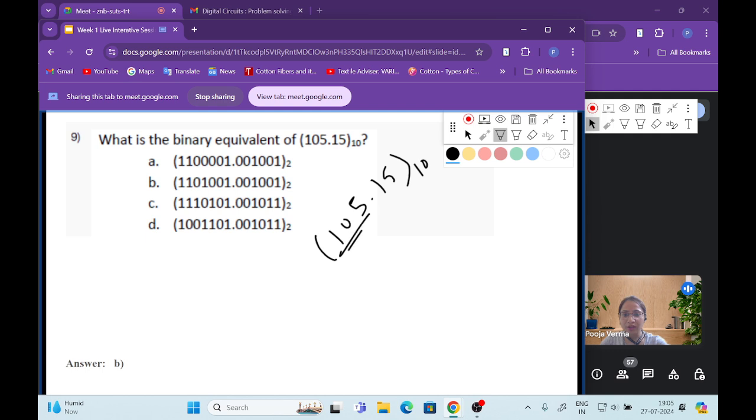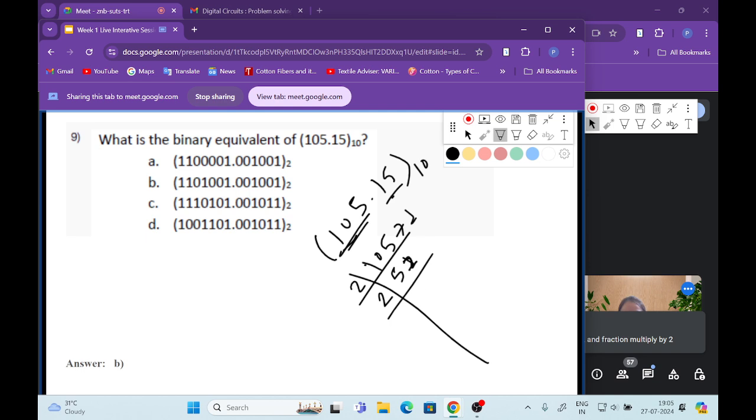So for the integer part, as already told, you have to divide by 2, and for the fraction part multiply by 2. So first take the integer part, divide by 2. So what you will get? 52, what is left? 1, right? Then 2 again, 26, what is left? 0.